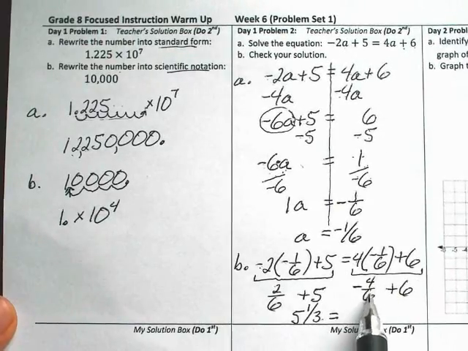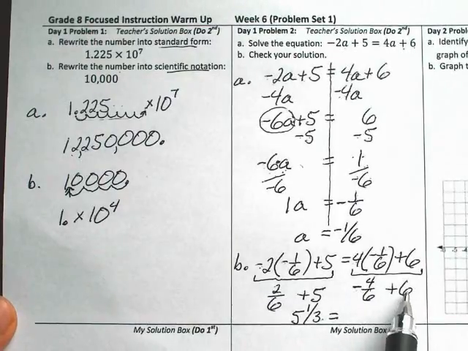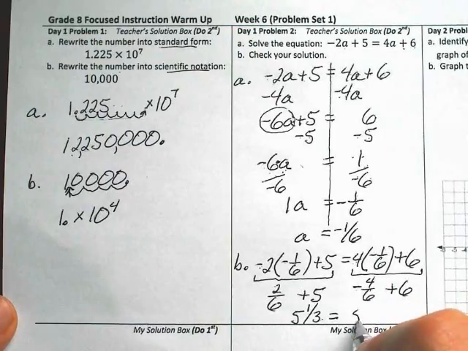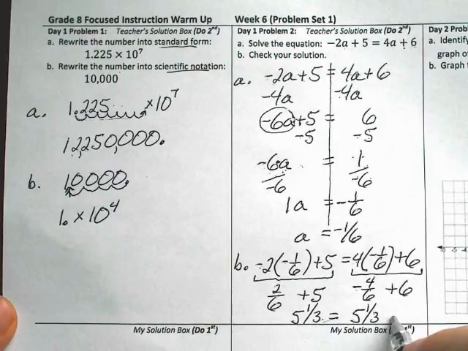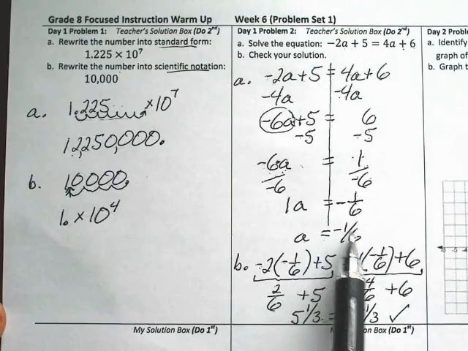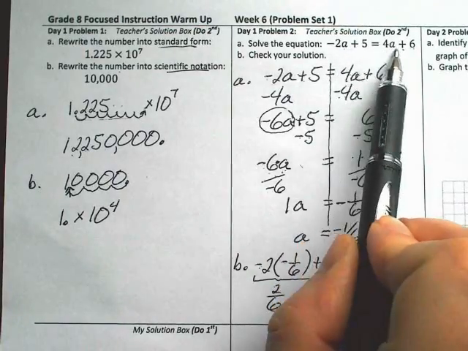Now 4/6 reduces to the fraction 2/3, so this is equivalent to negative 2/3 plus 6. 6 plus negative 2/3 is also 5 and 1/3. These are the same, so our work checks. a is equal to negative 1/6 is the correct answer to the original equation.